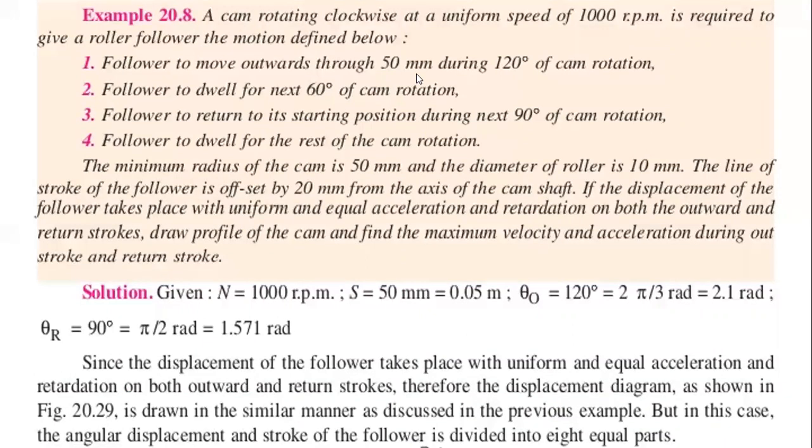First of all, study the question and grab the input from the question. A cam rotating clockwise at a uniform speed of 1000 rpm is required to give a roller follower the motion defined below.